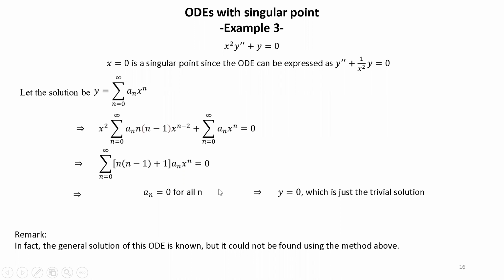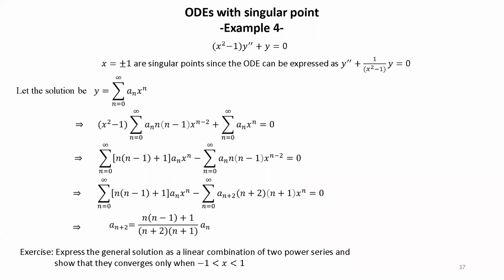And if that's the case, right, then you just put in this an equals 0 over here. That means the solution is just simply 0. Right? So then this is just a trivial solution to this equation. Okay. So we now run into a problem, right? So we are not really able to find the solution that we want for this equation.